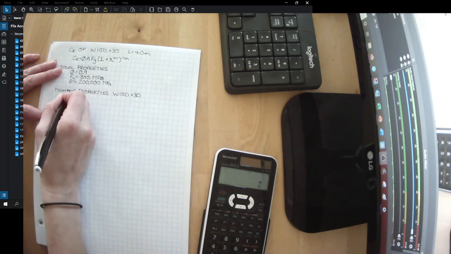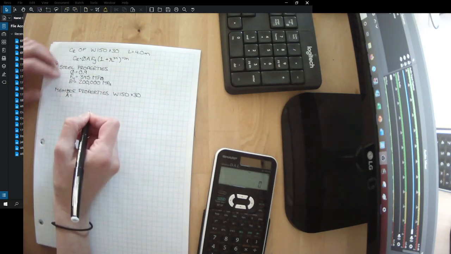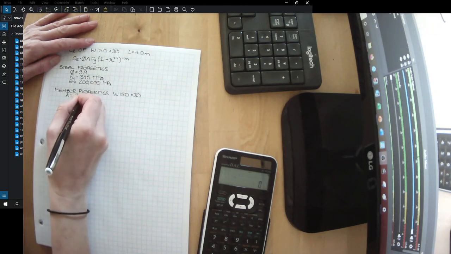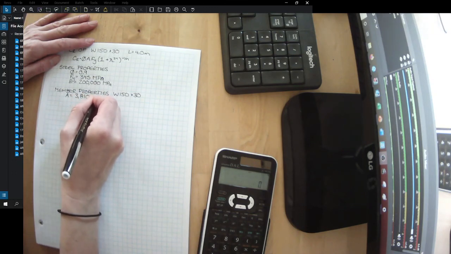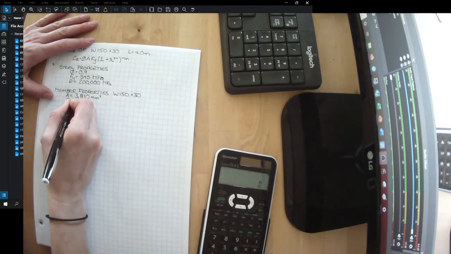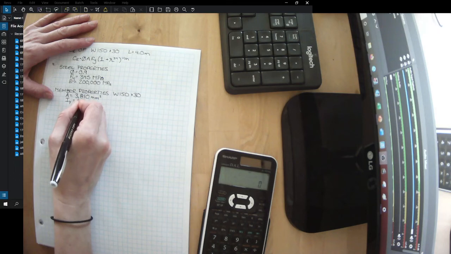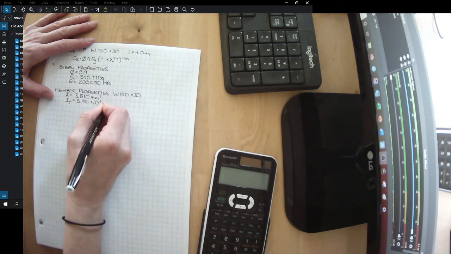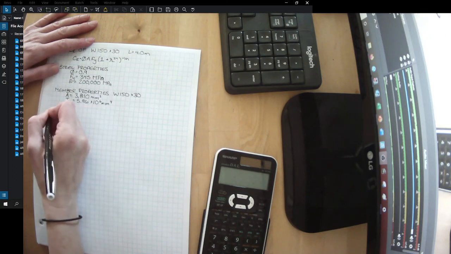So our member properties, our area, we looked up for our W150 by 30, is 3,810 millimeters squared. IY equals 5.56 times 10 to the 6 millimeters to the 4th.